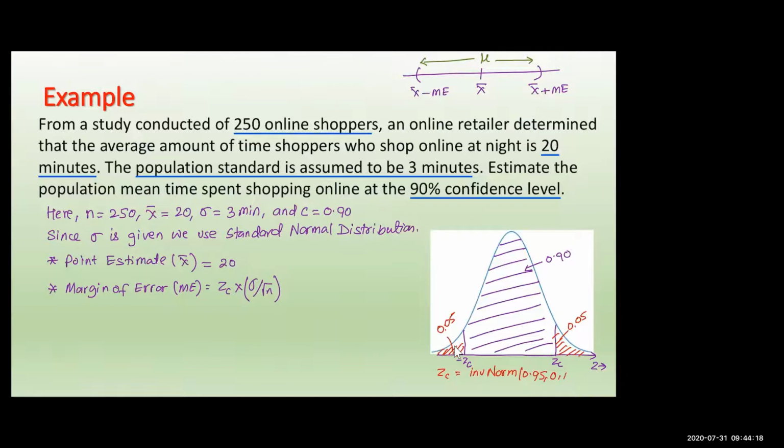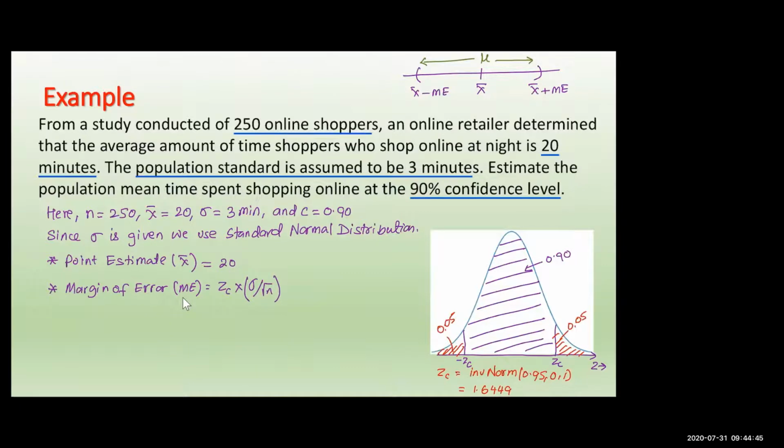Mean is 0, standard deviation is 1. So if we perform this calculation in our TI-84 calculator, you should get 1.6449. That is z critical at 90% confidence level. Now we are going to substitute this value into this equation to find the margin of error.